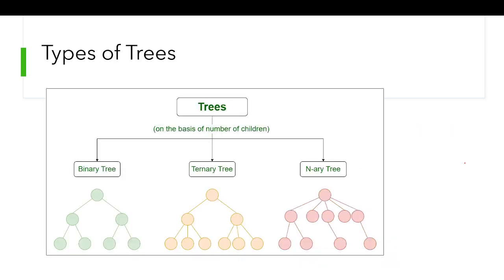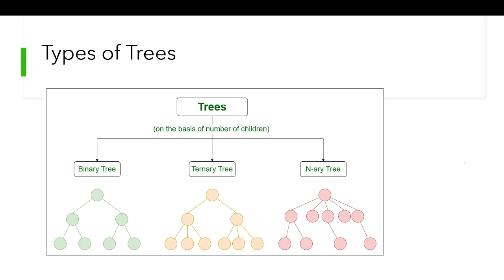So let's understand the classification of trees based on the number of children that they have. Trees can be classified as binary tree, ternary tree, and n-ary tree based on the number of children. A binary tree contains nodes that have at most 2 children.